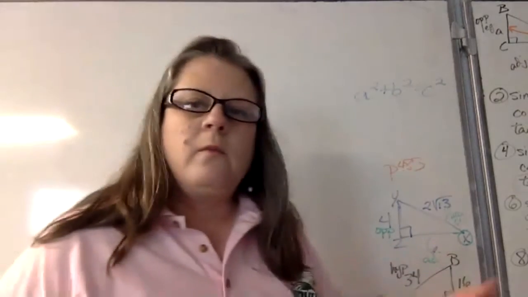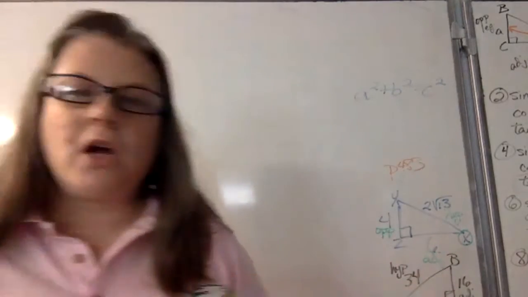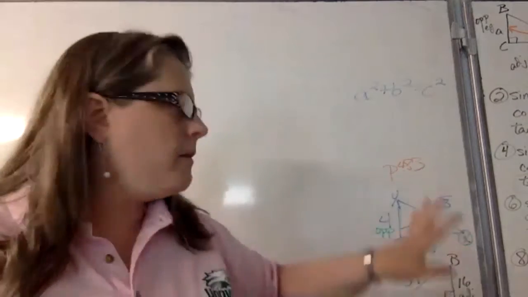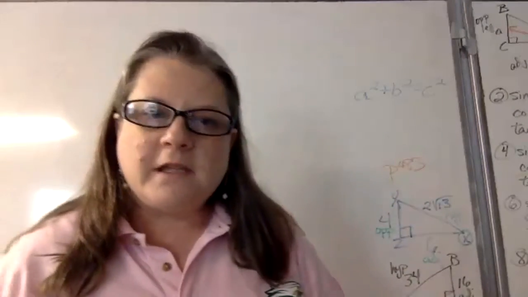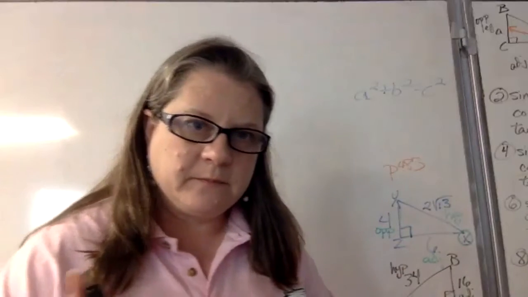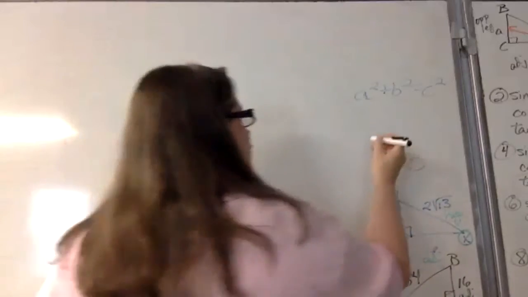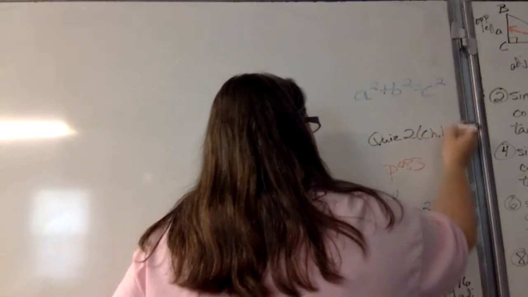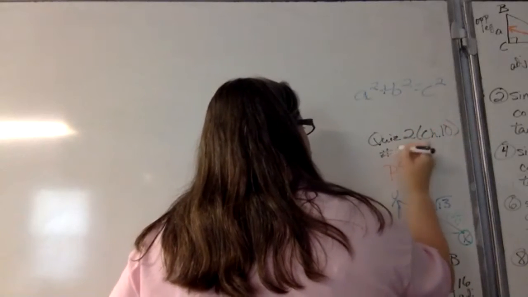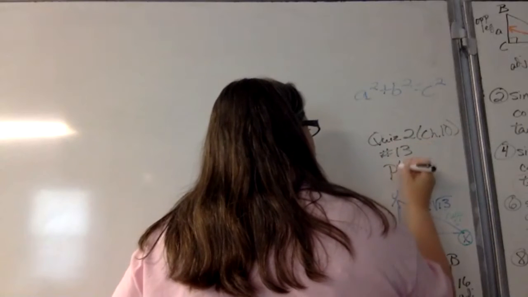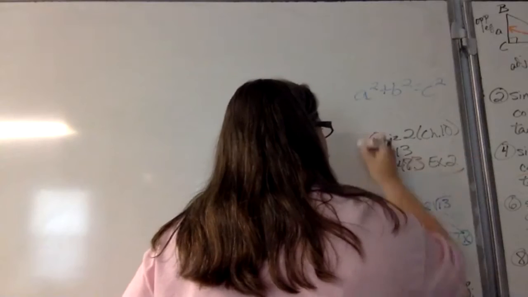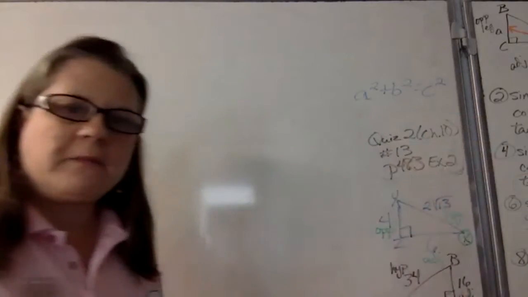Okay, now when we were waiting for everybody to get logged on today, I was talking with a couple that signed in early about quiz 2 from chapter 10. For number 13, if you look on page 483 at example 2, that is what it was talking about.